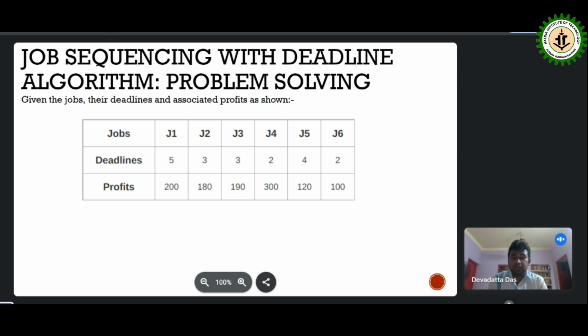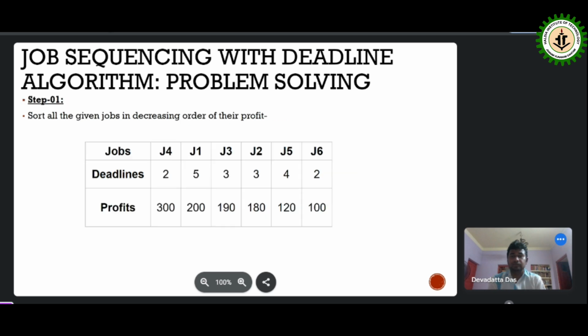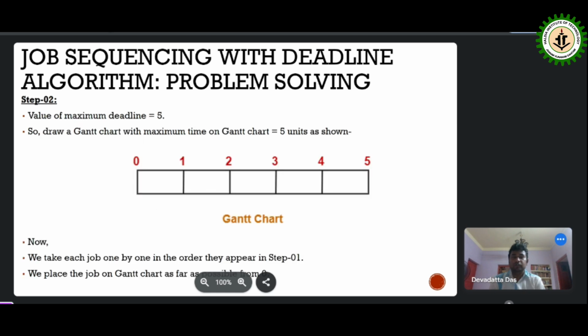There are 6 jobs, with different deadlines and different profits for the 6 jobs. So at first I am arranging the profits in descending order. Okay, in step 1. So now I am creating the net chart, and the maximum deadline would be 5.